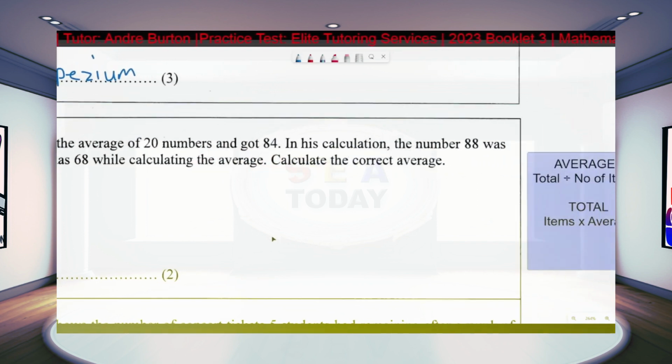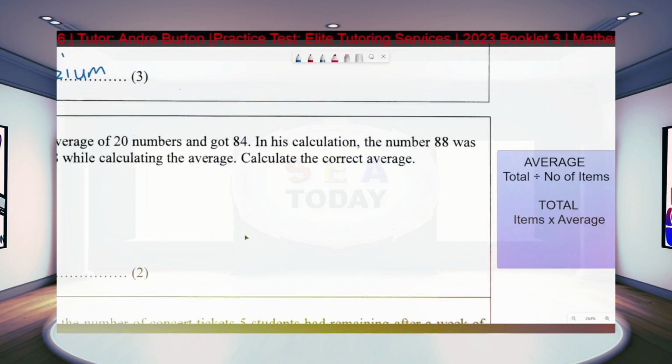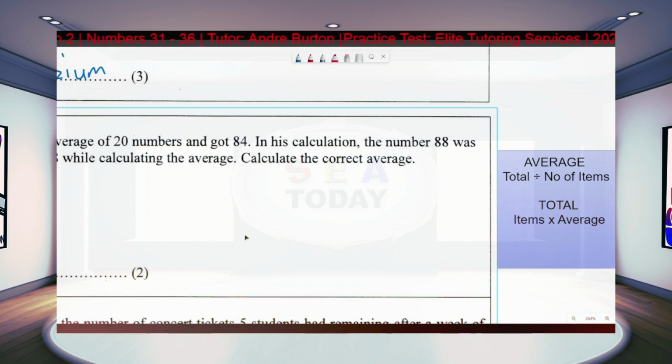And one thing I like to talk about when we're dealing with average is 2 parts to it. We know how to find the average, the total divided by the number of items. We need to consider also what the total is if we don't have the total in the question. And how do we calculate the total? Items multiply by average.